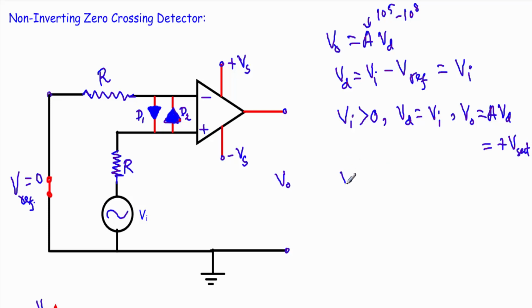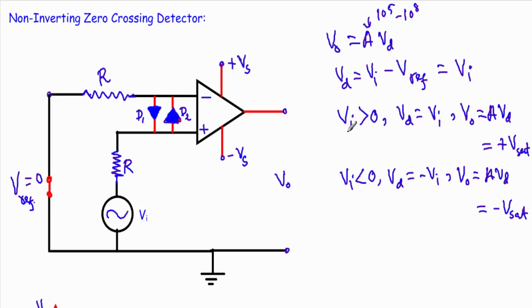When Vi is less than 0, the input voltage is negative, our Vd will be negative, so our Vo equal to A Vd will be in the negative saturation region. So this is the principle of operation of the zero crossing detector.